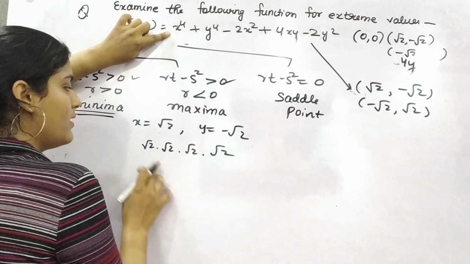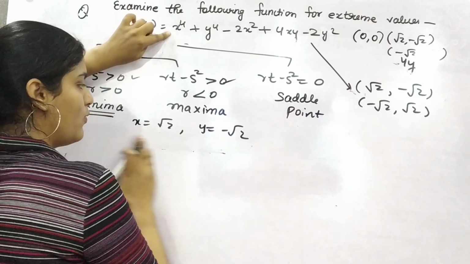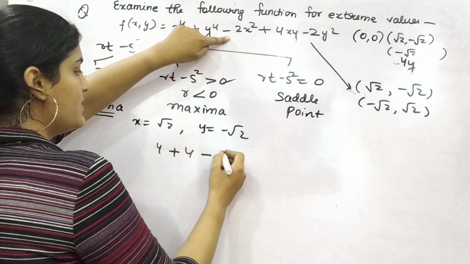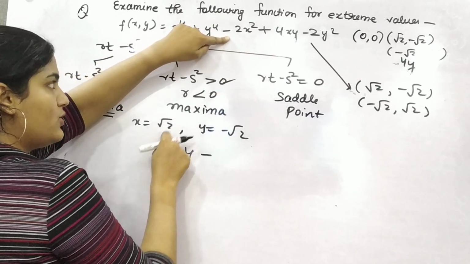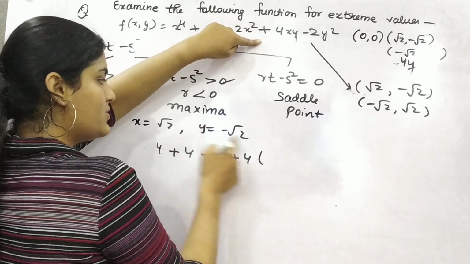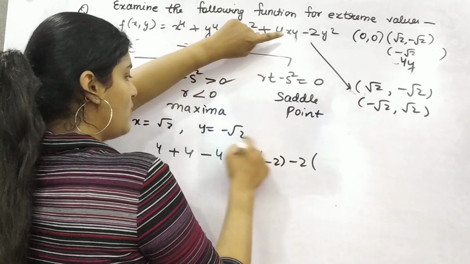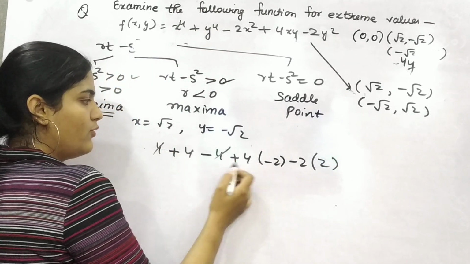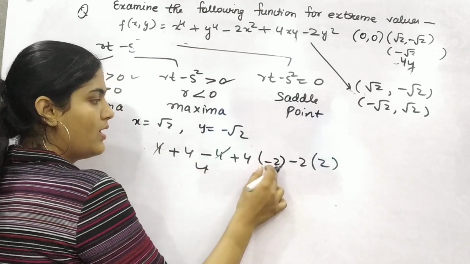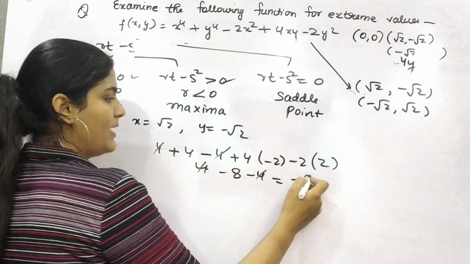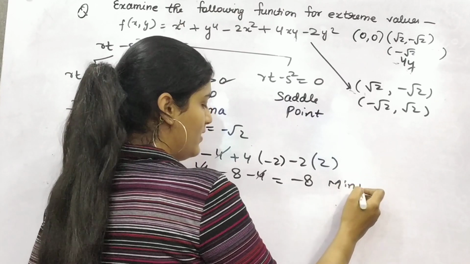What would it be? 2 and 2, 4. Plus, similarly, 4 minus 2 x square: 2 times 2 is 4, plus 4xy, minus 2, minus 2 y square is 2. So 4 is cancelled with 4, minus 8, minus 4. So what is left? Minus 8. This is your minimum value.